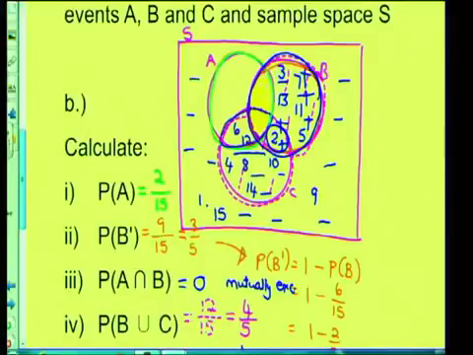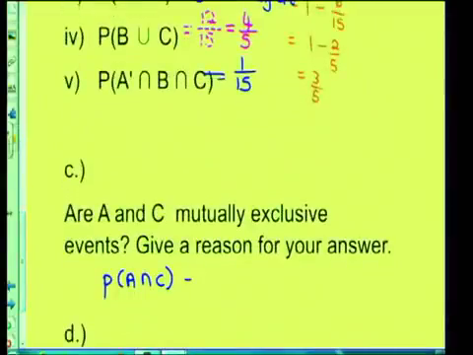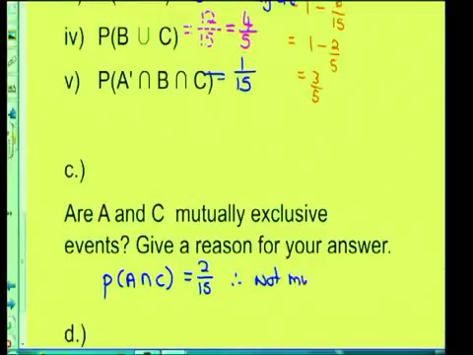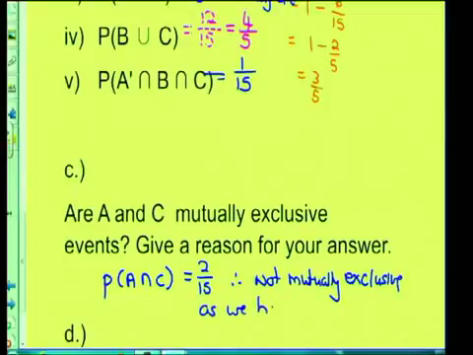A intersection C is that bit, and there are 2 elements. So we have 2 out of 15, and therefore not mutually exclusive, as we have an intersection.